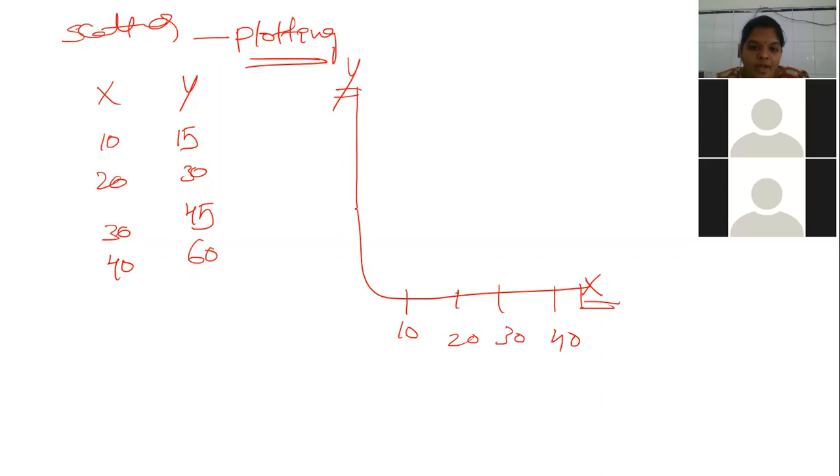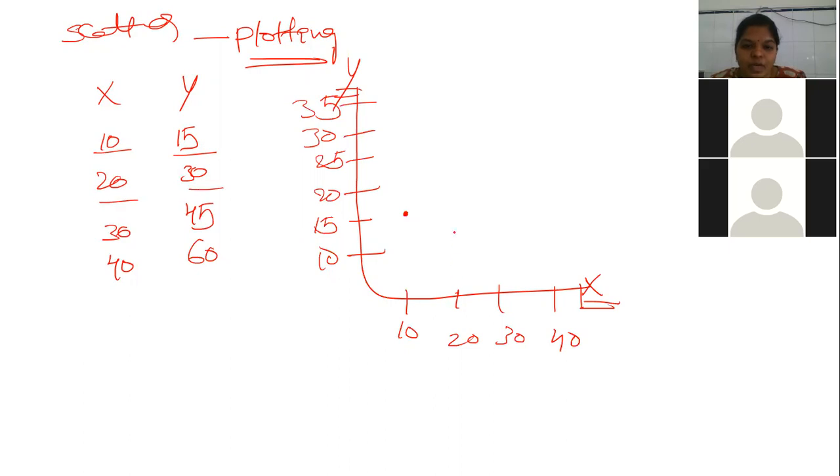Under y, this is 10, 15, 20, 25, 30, 35, like that. You are scattering your variables on this graph. This is 10 and this is 15, and you indicate that with a dot. Then the next one is 20, 30: 20 here and 30 here. Then 30, 45: suppose it will be here.